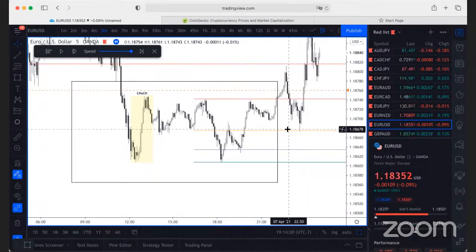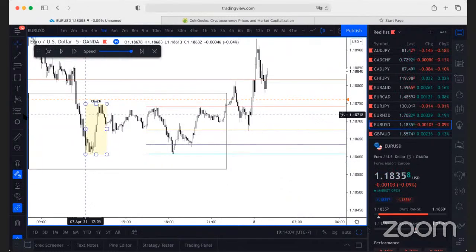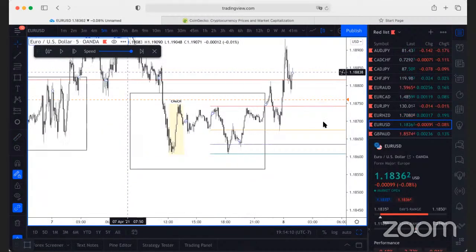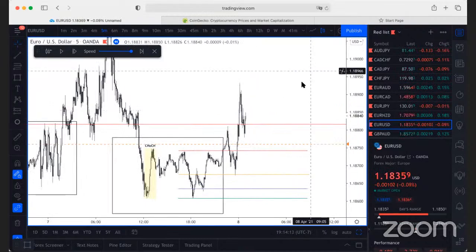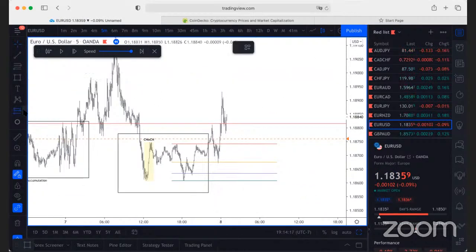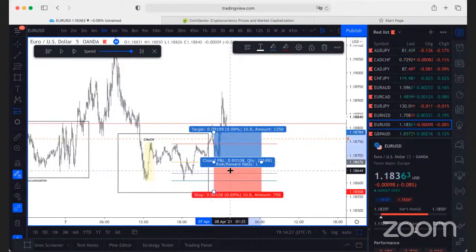50% was already tapped into for sure. This was only a 7-pip stop. So now let's talk about this. Let's pretend as if we've taken 50%, and let's talk about what would disqualify us to take the 80%.